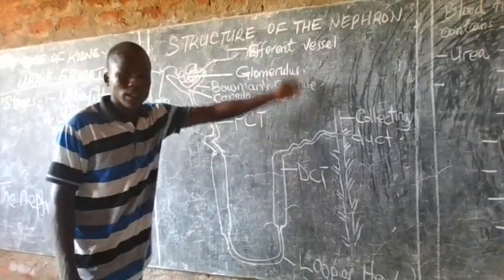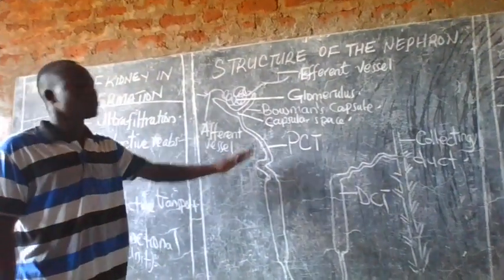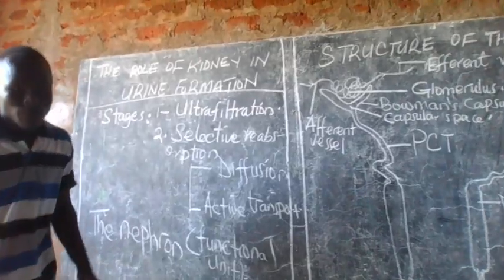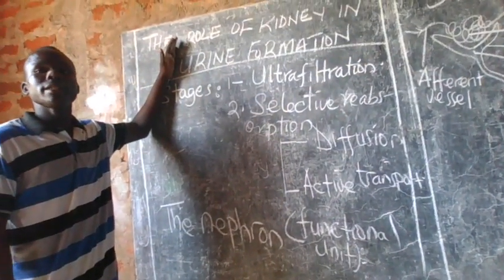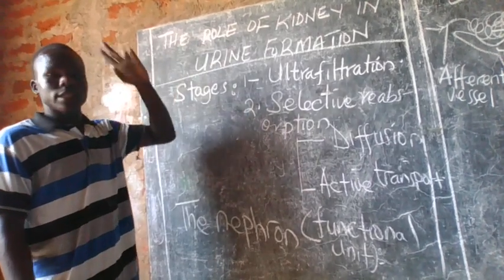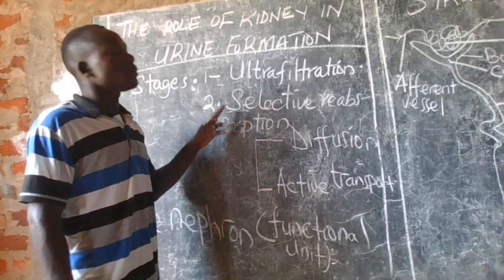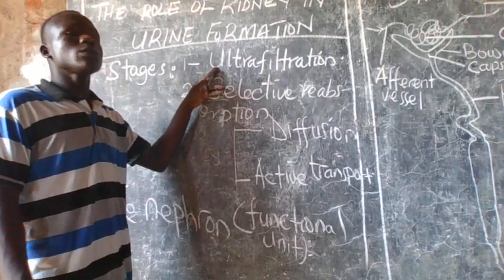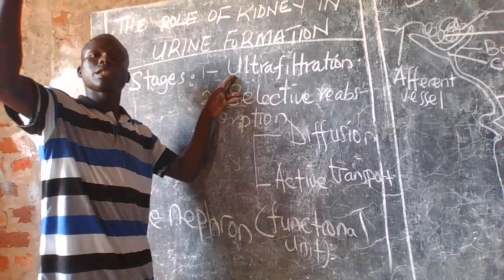Having known the structure of the nephron, we can now describe urine formation. Urine formation occurs in how many stages? Two stages. That is ultrafiltration and selective reabsorption. Ultrafiltration refers to filtration under high pressure.